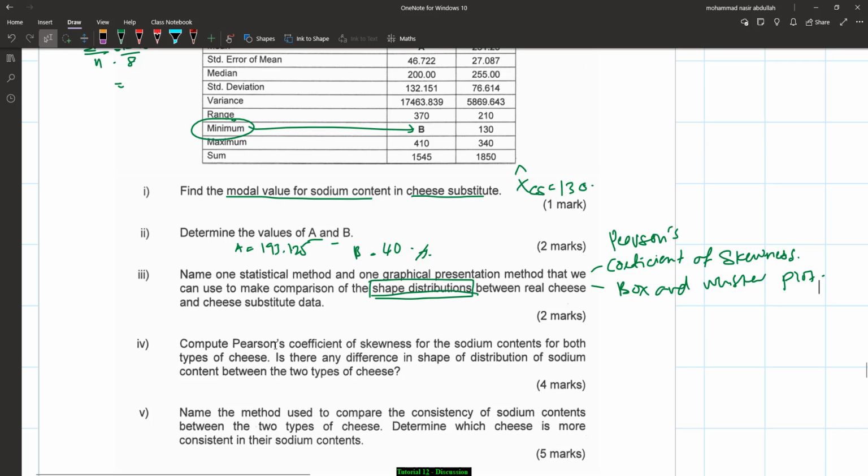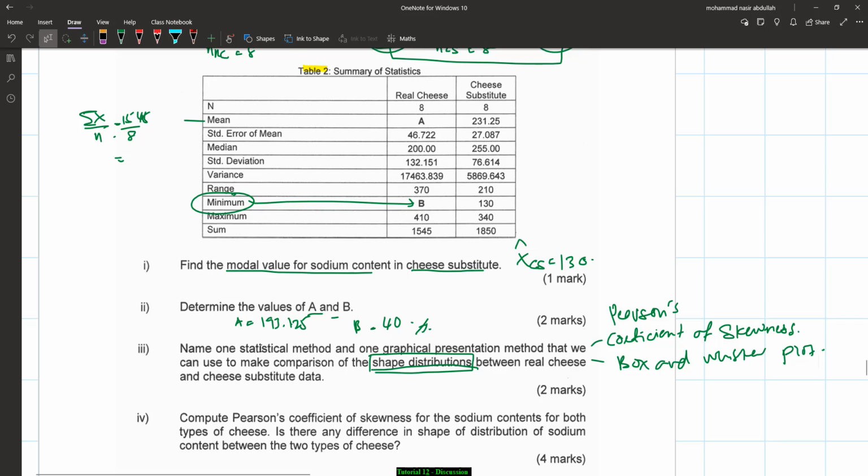And number 4, compute the Pearson coefficient of skewness for sodium content for both types of cheese. Is there any difference in shape of distribution? Right. So coefficient of skewness, let's say for real cheese, COS for RC will be kita the value of mean, median, and standard deviation.